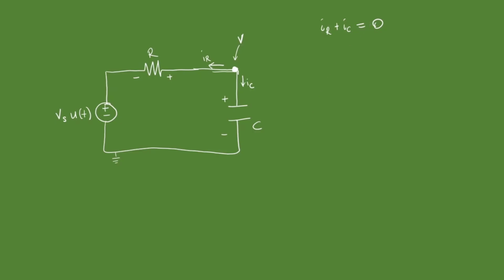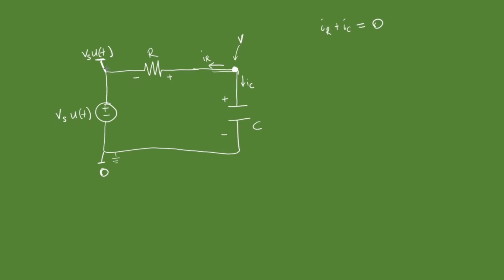Agreed? To find IR, recall, this is where nodal analysis comes in. Remember, this is ground, so the voltage here is 0. The voltage here is Vs, the voltage at the source, Vs U of t.